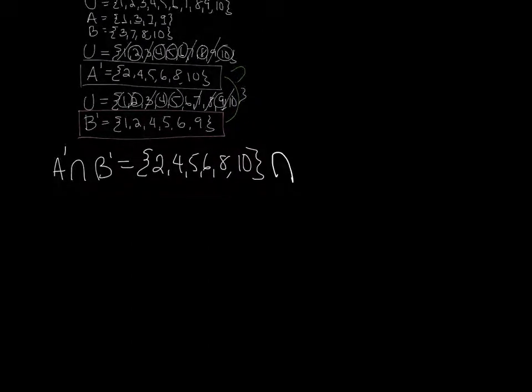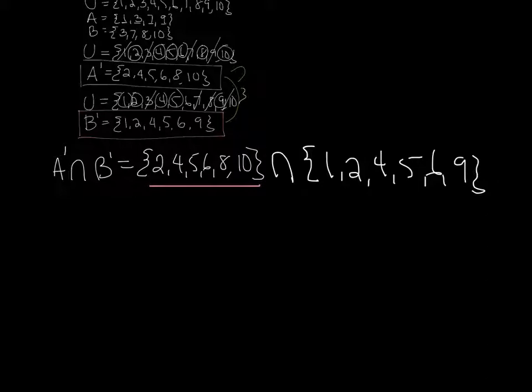And you're intersecting it with your set B complement, which is 1, 2, 4, 5, 6, and 9. So that's B prime. Let me get my blue. That's A prime, and the blue is B prime. So what's in common?